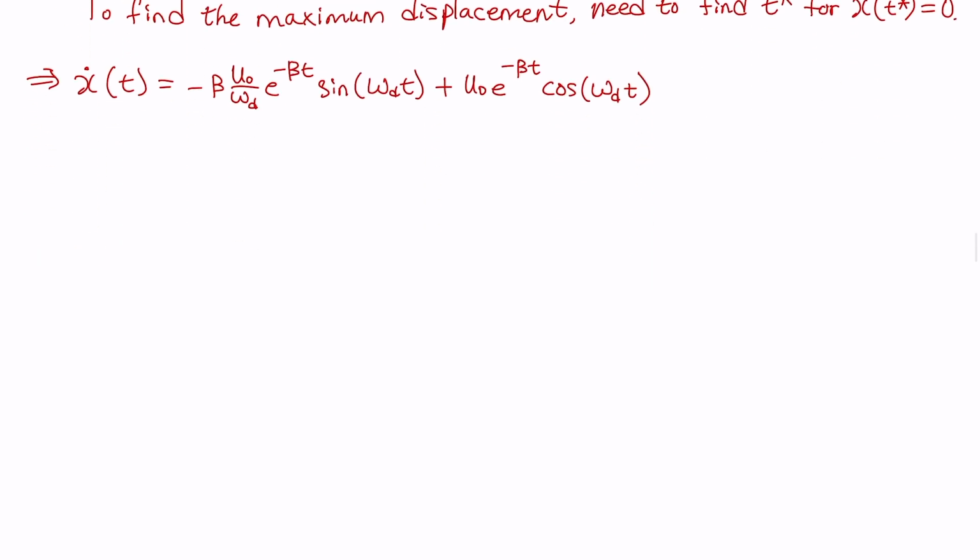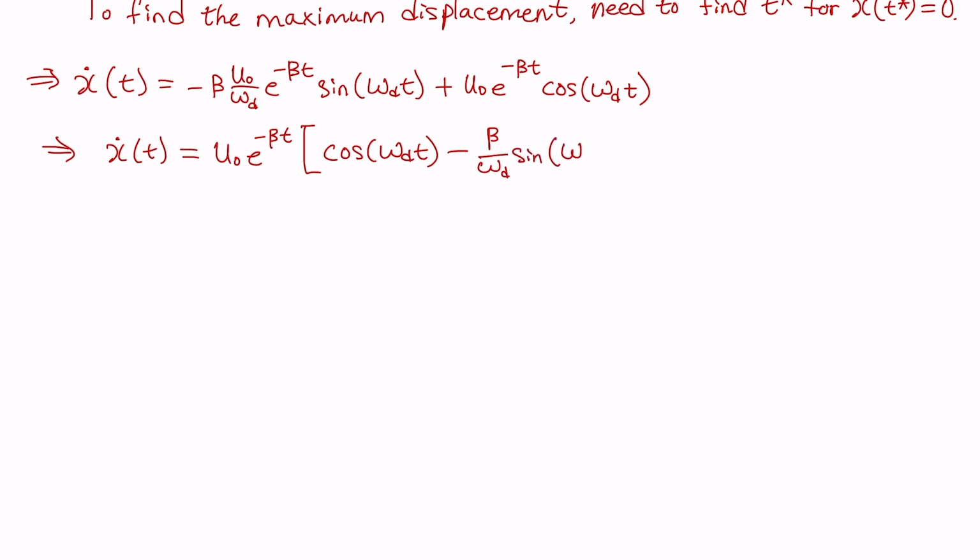Let's clean this up a little bit. For one, we can pull out a u0 and an e to the minus beta t. So x dot of t will be equal to u0 times e to the minus beta t, all of that multiplied by cosine of omega d t minus beta divided by omega d times the sine of omega d t.